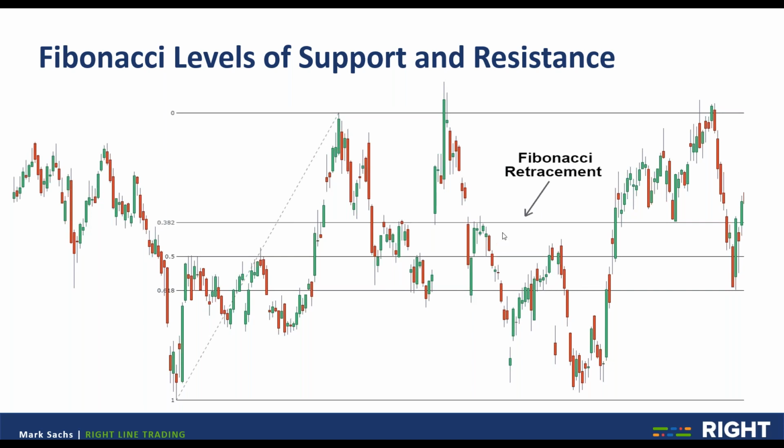accurately describe market sentiment, such that this Fibonacci retracement number, I think it's 61.8%, is actually going to tell us that if price is coming down to it, there are buyers waiting here, and those buyers are going to push the market up. And if it's coming up, there are sellers waiting here to push the market back down.